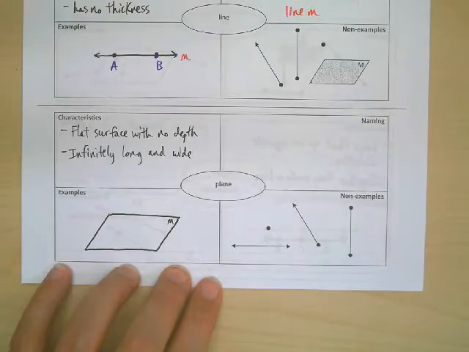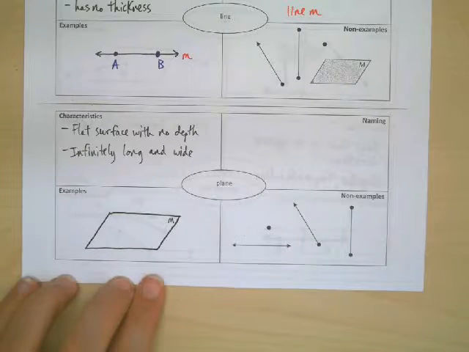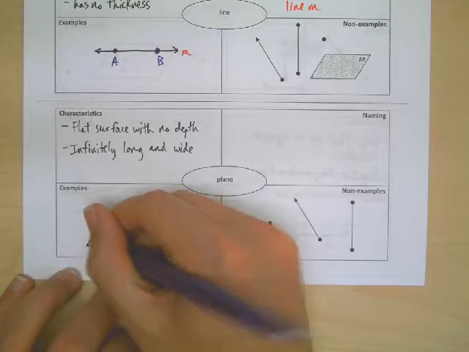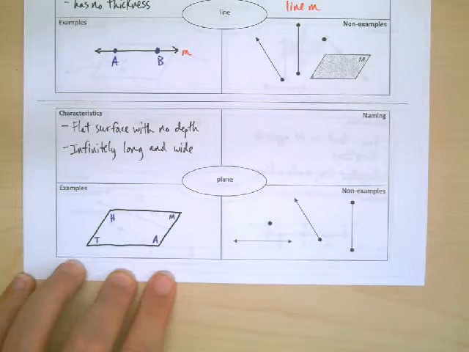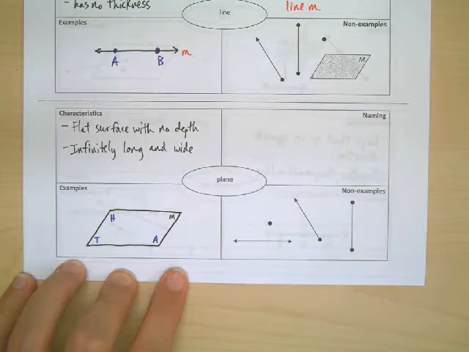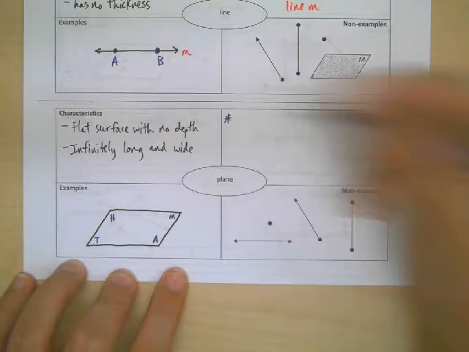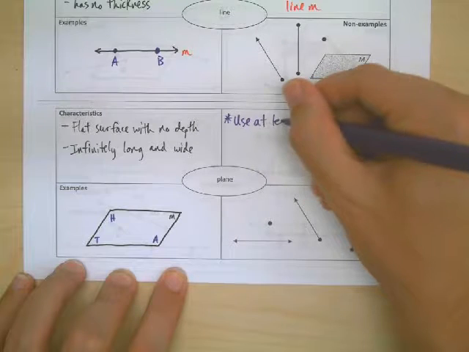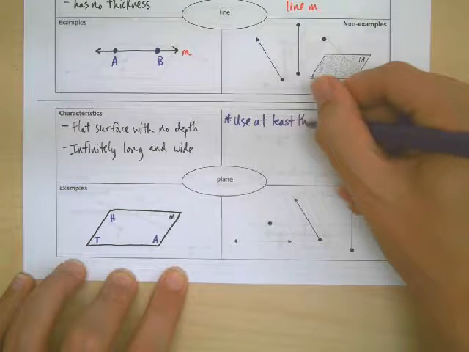Next up is plane. I'm going to add some more capital letters to the picture of the plane. I'm going to add capital A, capital T, and capital H. The important thing to know for how to name a plane is that you need at least 3 capital letters.